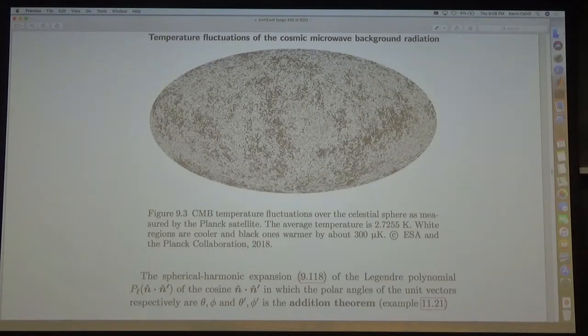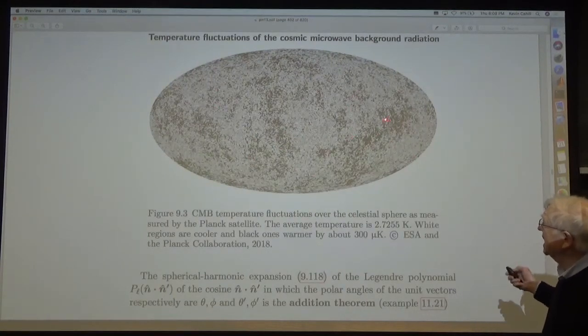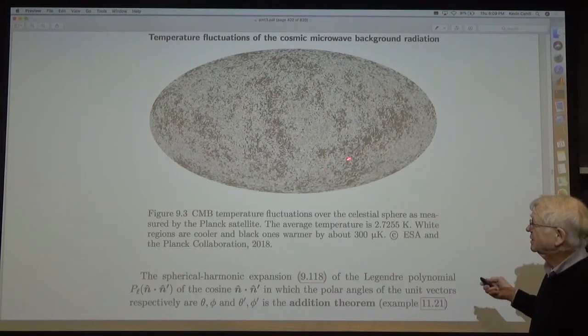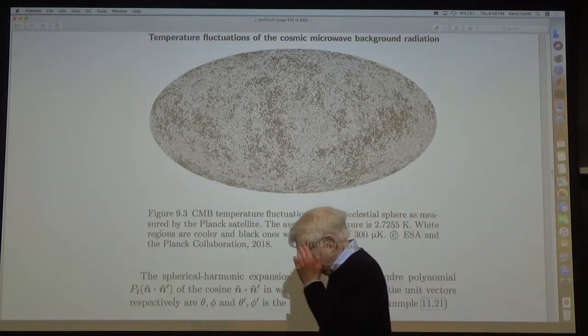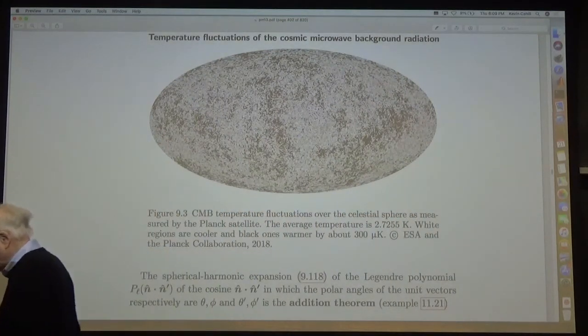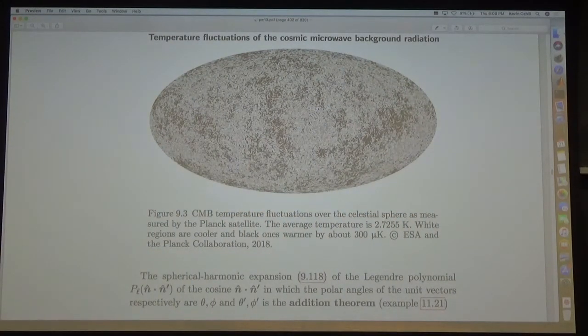And what we're seeing here is fluctuations that are of the order of 10 to the minus 5. One of the remarkable things about the cosmic microwave background radiation is that it's all at the same temperature, 2.7255 Kelvin, apart from tiny fluctuations of 300 microkelvin.